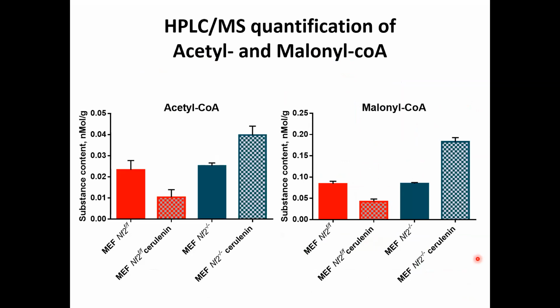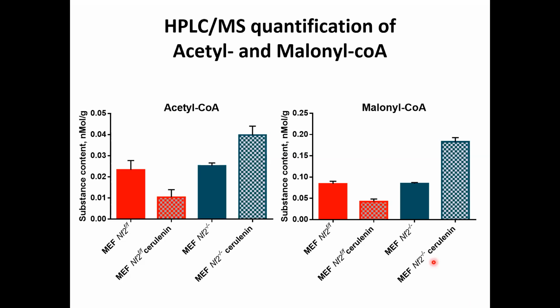So the final proof that metabolism level is much higher in NF2 deficient cells was to measure directly the metabolites in both cell types.